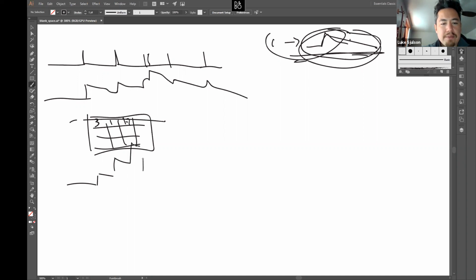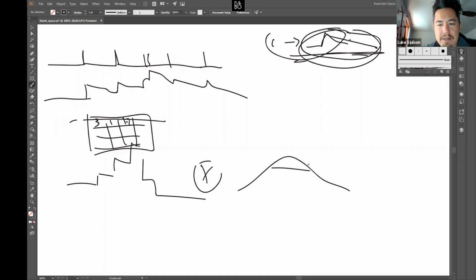Then you convolve that with a Gaussian filter where the standard deviation is like 3 pixels, and you get some sort of blurred thing like that.